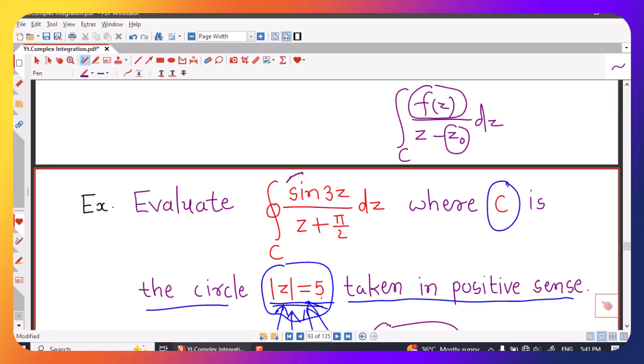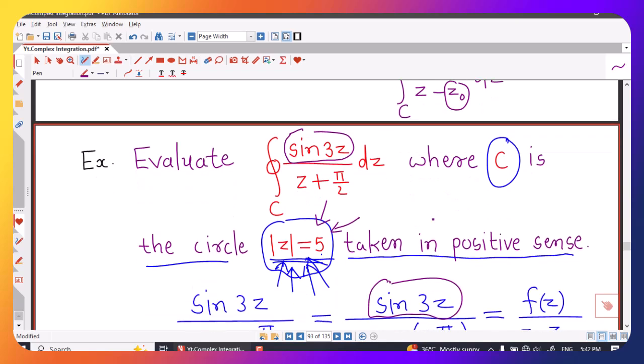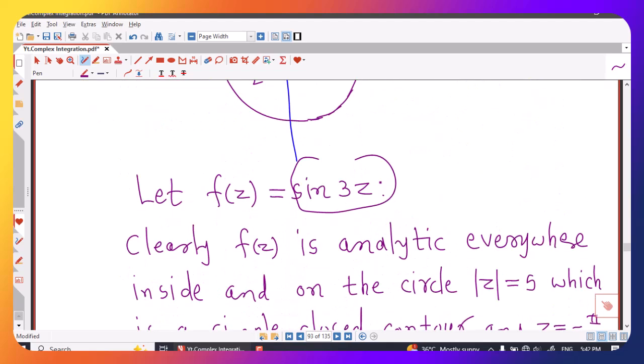Here our function f of z is sine 3z, and it is analytic everywhere in the complex plane, therefore it is analytic everywhere inside and on this circle, and z0 is minus pi by 2 and it is interior to this simple closed contour, therefore we are able to apply Cauchy integral formula here.